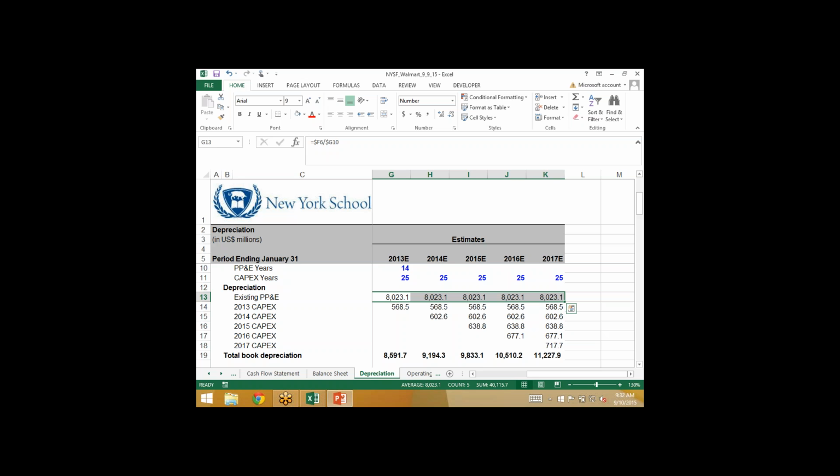In the US, we use a different method. We use a method called MACRS. You should memorize it. This is the US tax method for depreciating, the modified, accelerated, you don't have to know this, maybe you do.